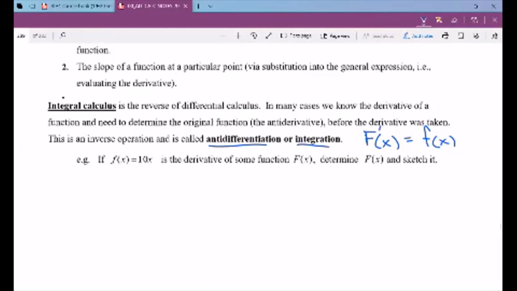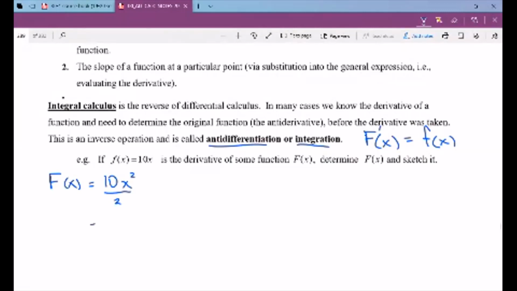And so when I differentiated x squared, that became 2 times x to the 1. So if we now have f of x is equal to 10x, so that was degree 2. So let's call this capital F of x. And let's leave a little bit of space, and let's call this x squared. We're going to leave this 10 out in front, but it's not exactly 10x squared, is it? Because if I try to differentiate 10 times x squared, I would be multiplying 2 times that 10, and I'd have 20x. So I also need to divide this by 2.